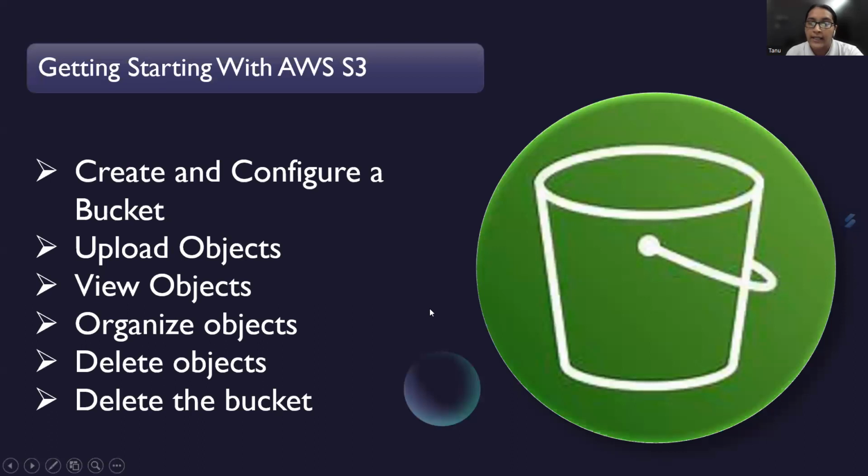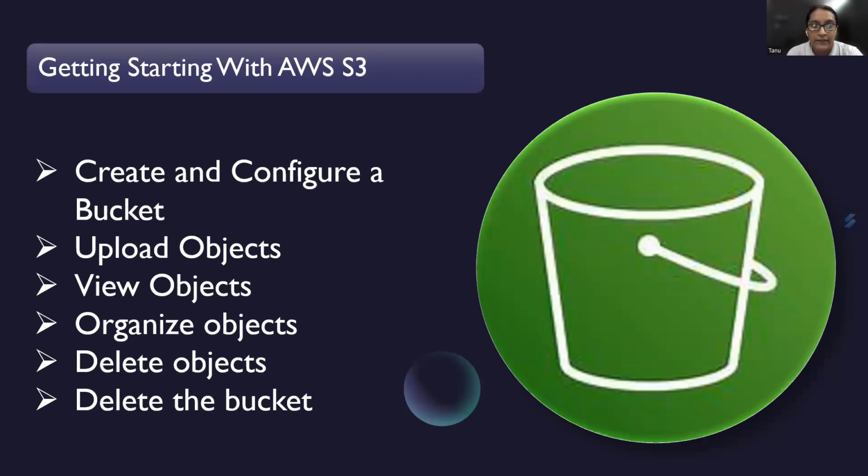So now, getting started with AWS S3, what we learn. First of all, we will create and configure a bucket. What do you understand by a bucket? A bucket is a container for storing objects, which are the files or folders and metadata. Buckets are like folders that provide features such as versioning, lifecycle policies, and access control.